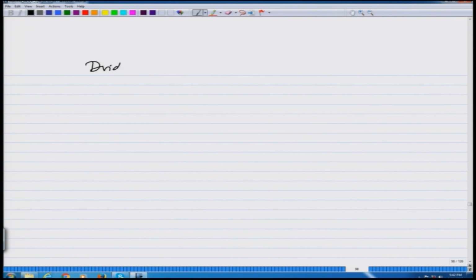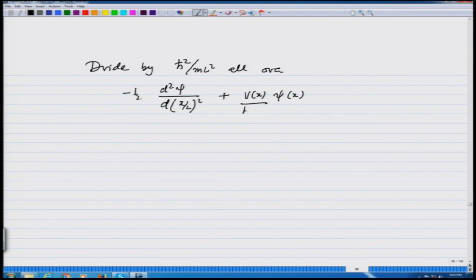Divide by h cross square over m L square all over to get minus a half d2 psi over dx over L square plus V(x) psi(x), this divided by h cross square over m L square, is equal to E over h cross square over m L square psi.